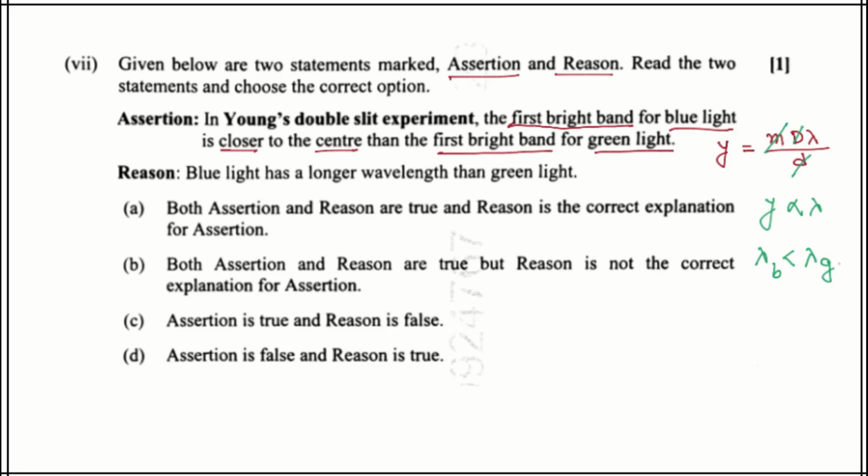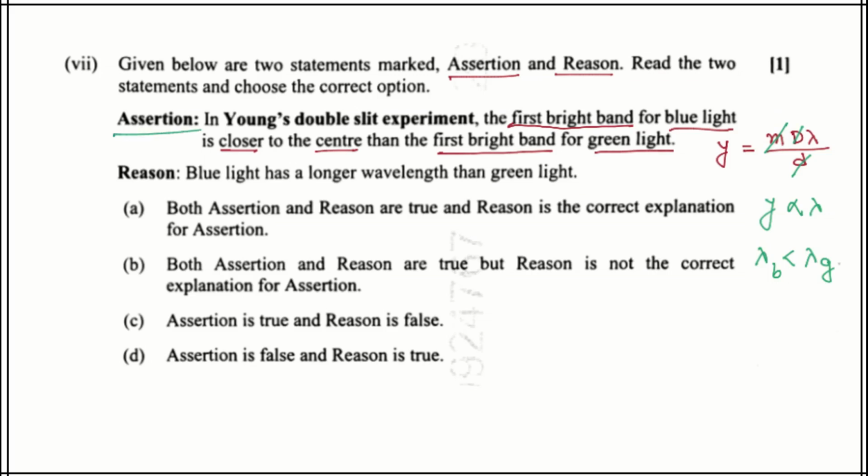So therefore the statement, the first bright band for blue light is closer to the center than the first bright band for green light, is a correct statement. So this assertion is considered as correct.